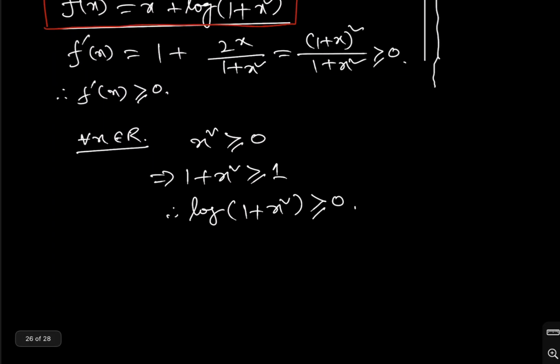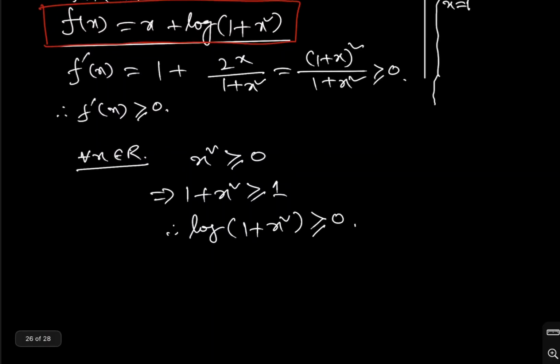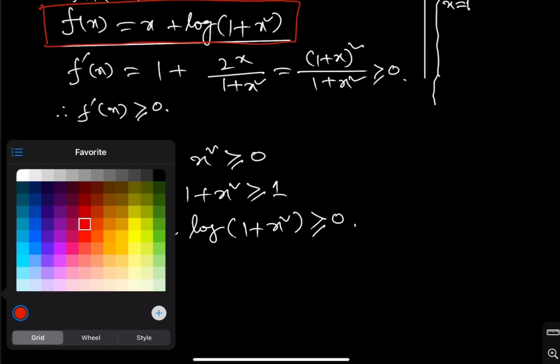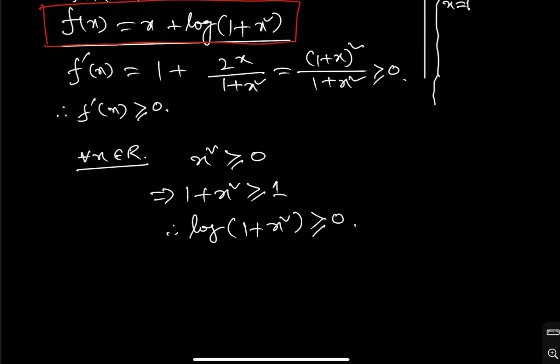To draw its graph, we are now going to draw the graph only for the positive portion, that is when x is greater than 0.